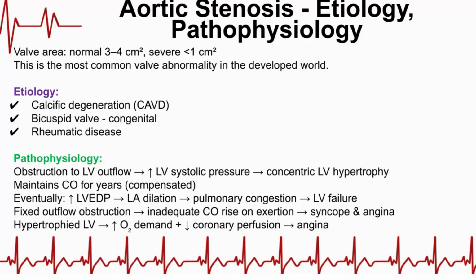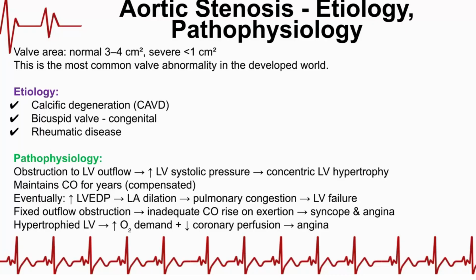Eventually, despite the hypertrophy, the left ventricle cannot compensate anymore. And when that happens, we have systolic dysfunction, and that reduces the contractility of the heart, and that reduces the cardiac output, and eventually leads to proper left ventricular failure.